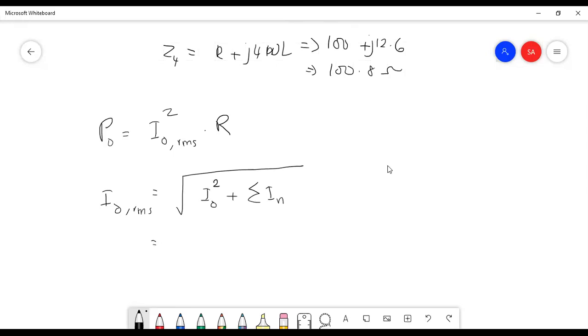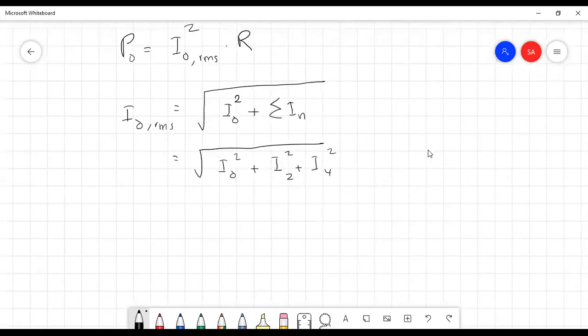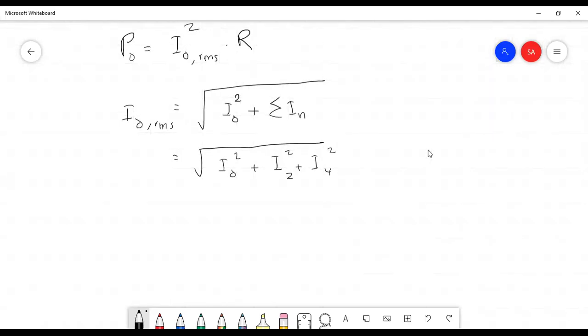We only consider two In, which are I2 and I4. So we become Io square plus I2 square plus I4 square.